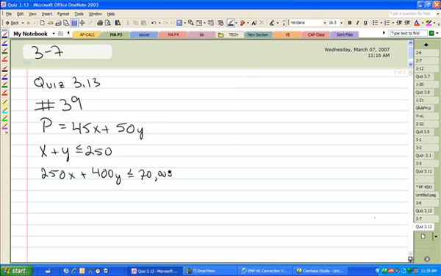And I think we've pulled out all the information. So there's only two constraints, one objective equation. We need to get these in a form that we can do on the calculator.